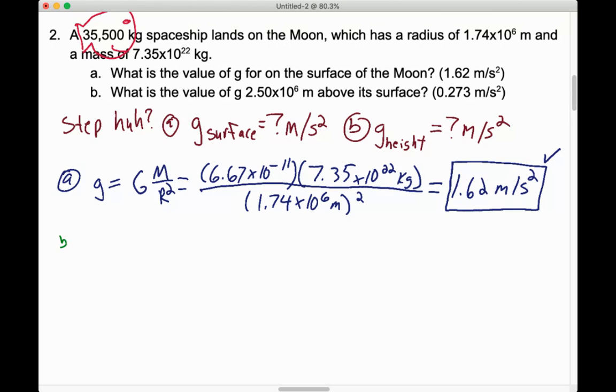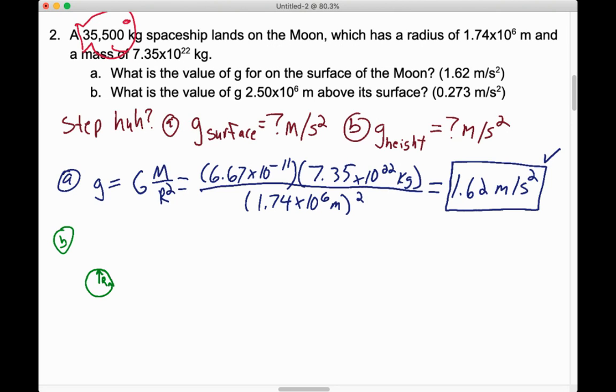Now on to part B. Now we need to figure out the value of little g if we are at that height above the surface. I think a sketch is going to be really helpful here. We've got the moon, and the moon has some radius, radius of the moon, capital R. And that radius is this number here.